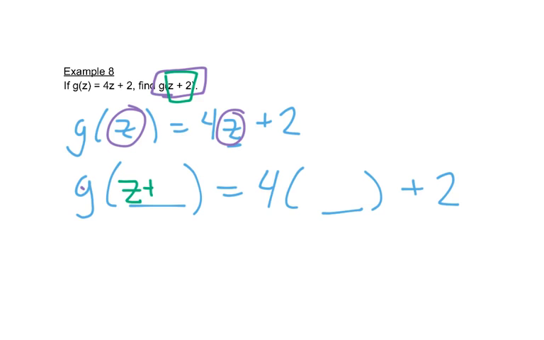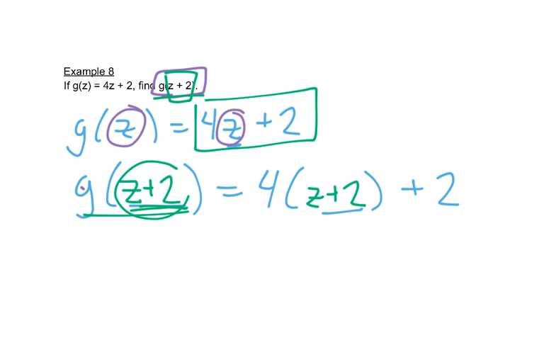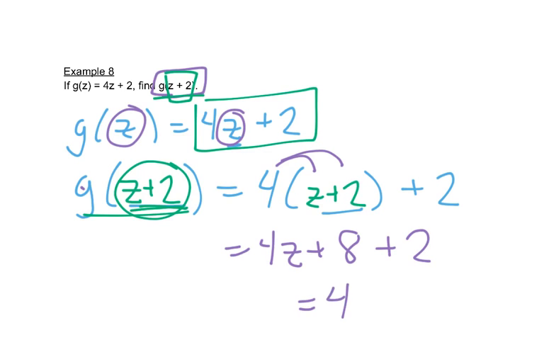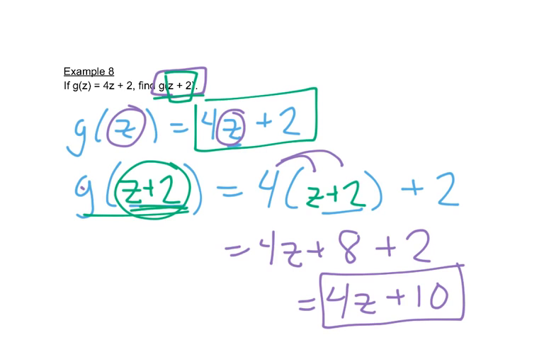So I want z plus 2 over here because that matches what they want me to find. But if I put it here, that means I also have to put it here. So this is the pattern of the machine, and z plus 2 is what we're putting into that machine. So then we'll simplify, we'll distribute, and we get 4z plus 8 plus 2, and we get 4z plus 10, and that's our answer.